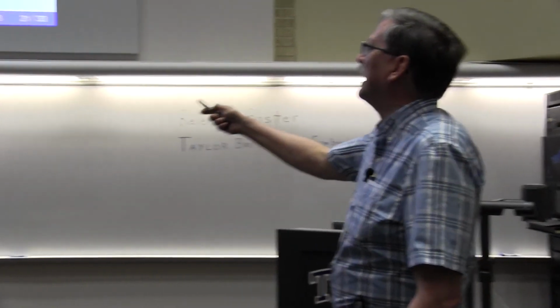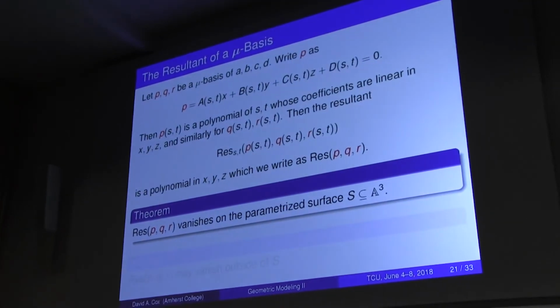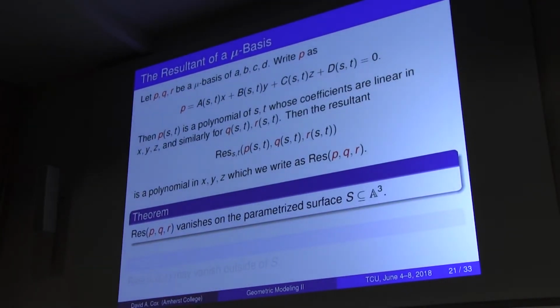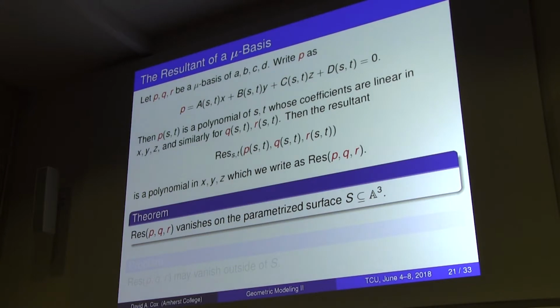But notice I can still talk about the resultant of a mu basis. And again, when I turn the syzygies into the moving planes, I get this. Each of these is a polynomial in S and T, and the coefficients are linear in X, Y, Z, same for the others.